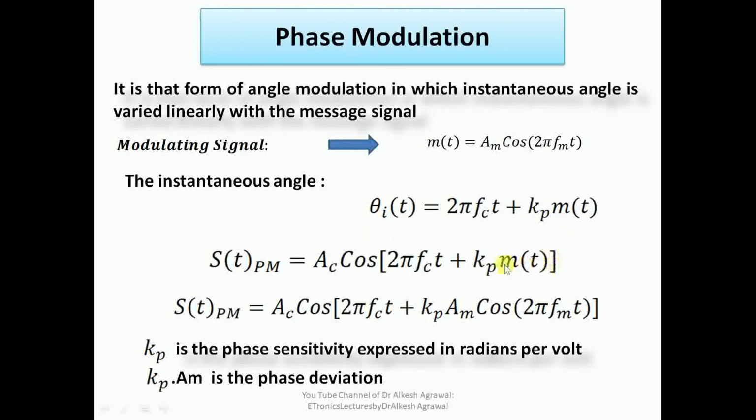If we put in the value of m(t), we get another form of the phase modulated signal as Ac cos[2π fc t + kp Am cos 2π fm t], where kp Am is the phase deviation factor, whereas in frequency modulation it was kf Am / fm, the frequency deviation Δf. So this is the mathematical depiction of a phase modulated signal.